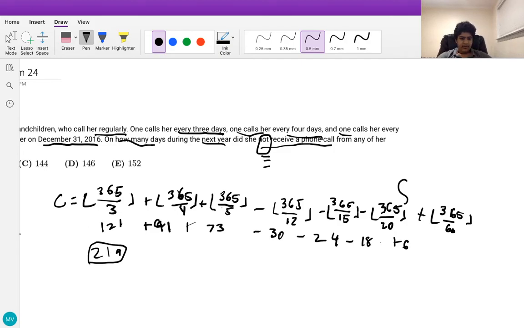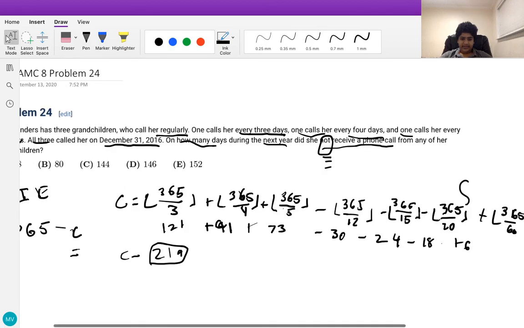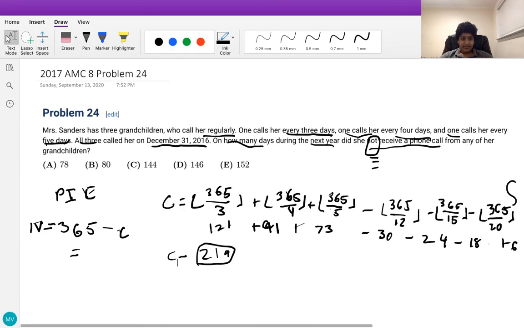But looking back at the answer choices, we see that 219 isn't there. That's because we have to remember to take 365 minus this result. If the MAA was a bit less lenient, they could have easily fooled us into circling this as our answer.